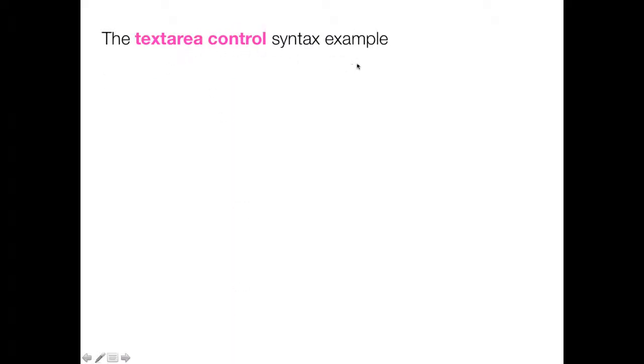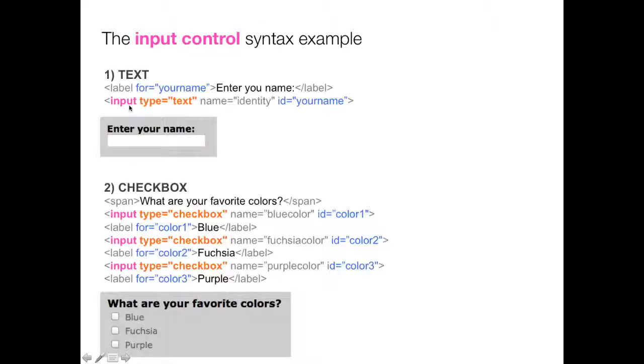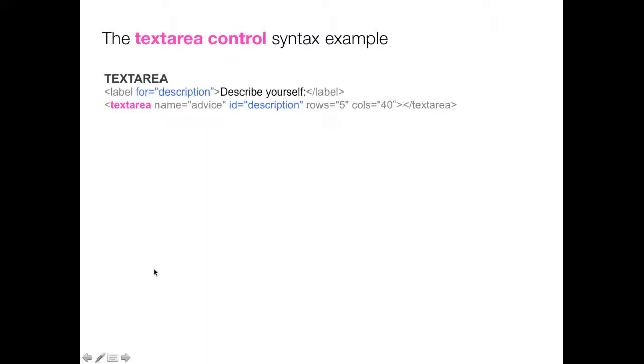The text area control syntax example. Again, we expect to see a phrase that says describe yourself, and we expect to see a text area. Now the text area is an element, okay? So it's not like the previous examples where we need to use the input element with the type attribute. In the case of the text area, it is the element.